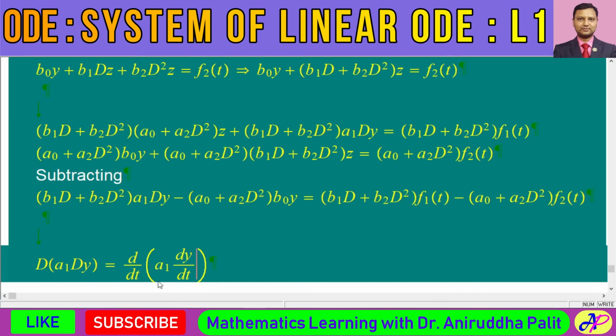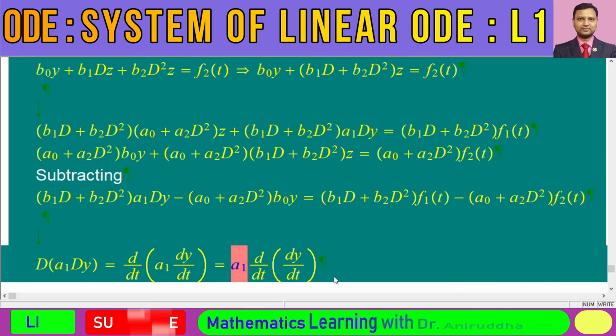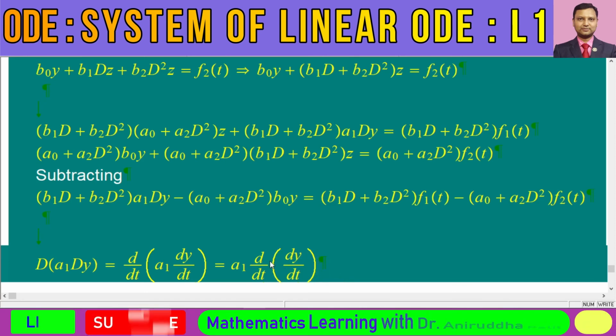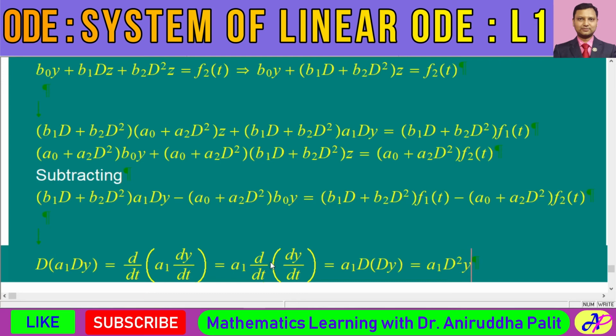Now, if this a1 is a constant quantity, we can write this expression by shifting this a1 outside this d/dt operator. Then the expression with the d/dt operator operated on Dy would be simply a1 into D operated on Dy, that is actually a1 into D square y.